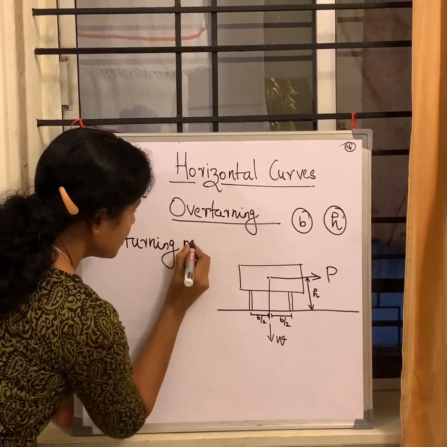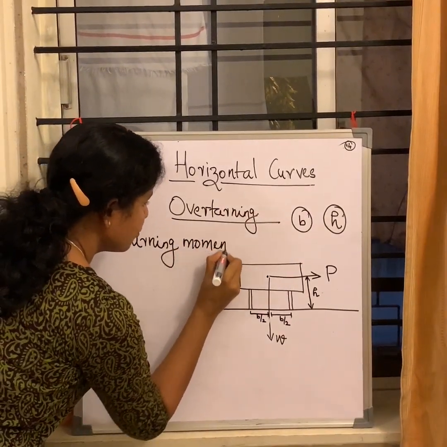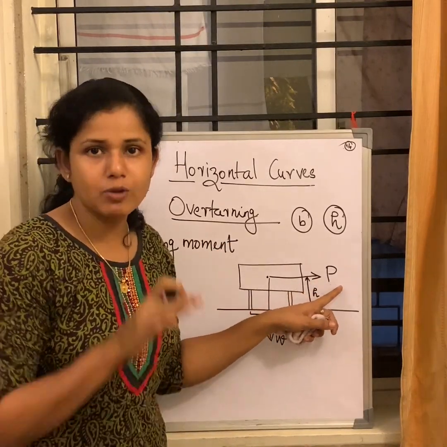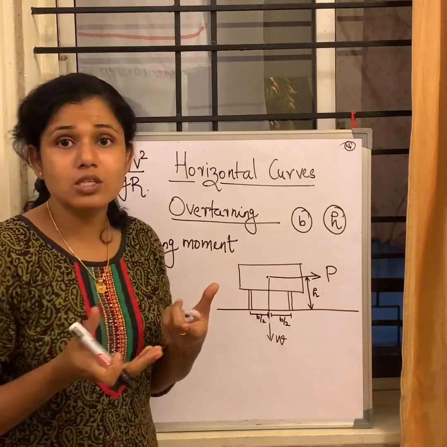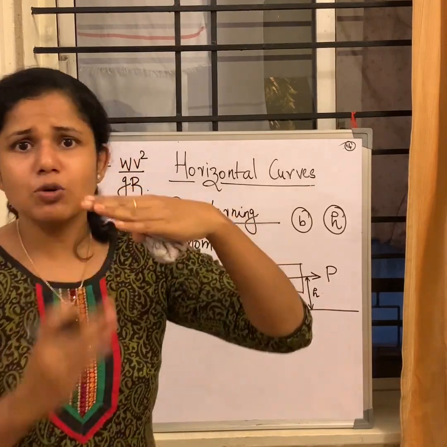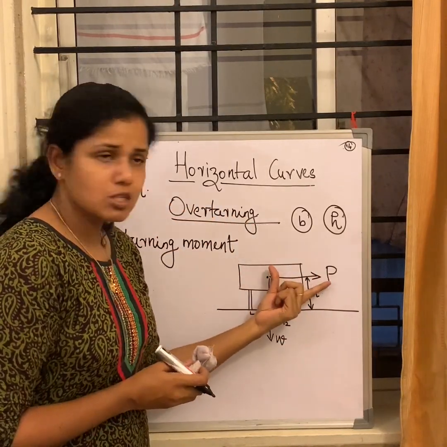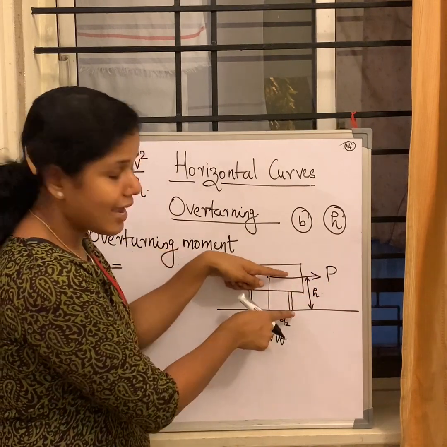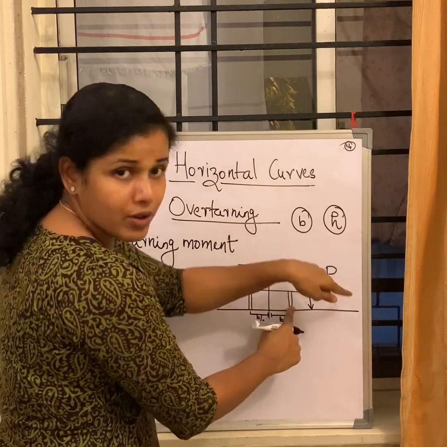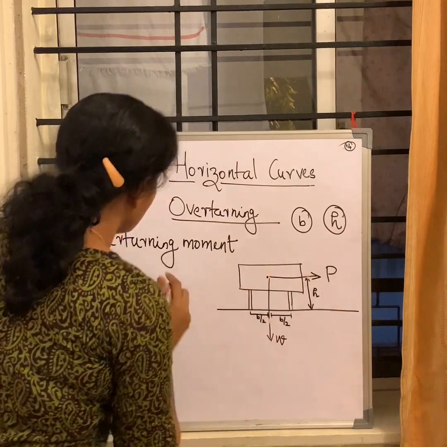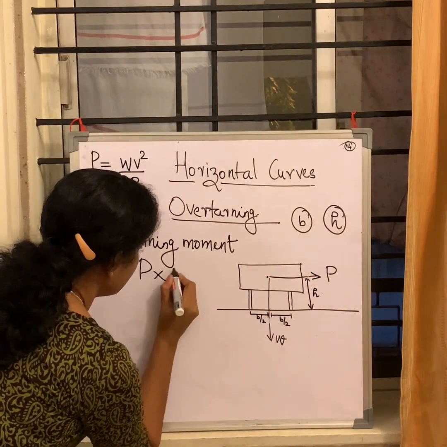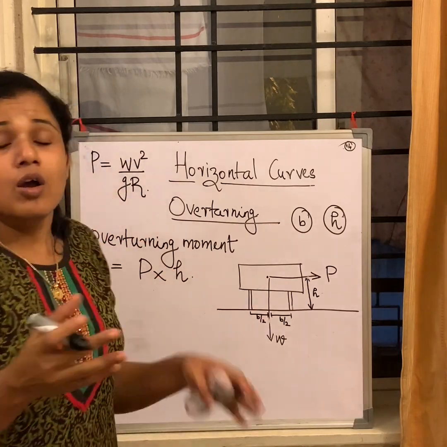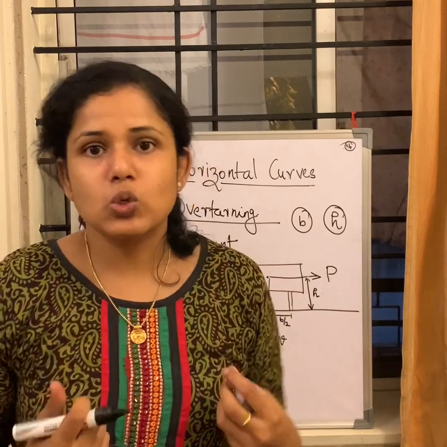Please follow it in sequence so it will be easy for you to understand. My overturning moment is because of P, because that is the external force. Now, what does moment mean? Force into perpendicular distance. This is my force P and my perpendicular distance is H. This is the point we are considering the moment about. So P into H. Now let's consider what is restoring it back.